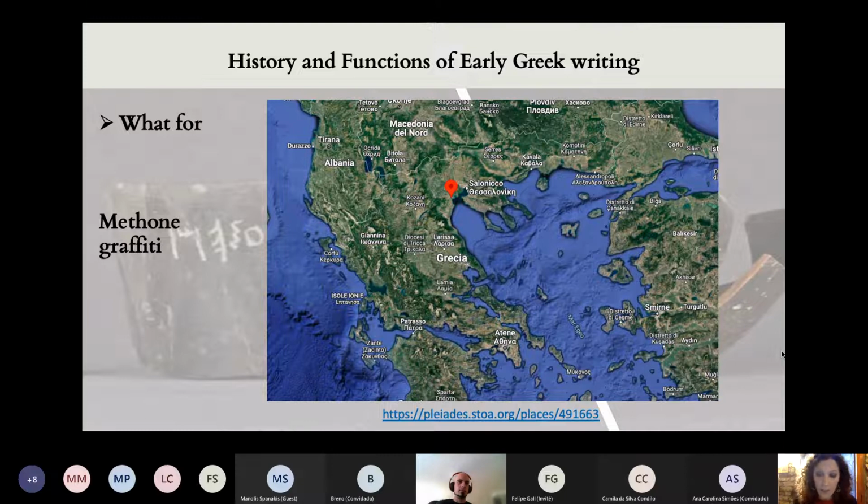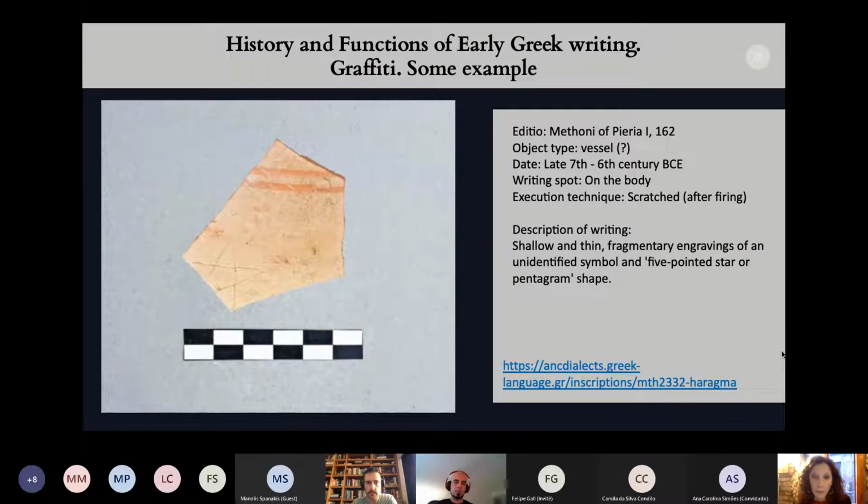So I put all the links I could in the PowerPoint because it's very user-friendly. It's in modern Greek, so of course it's not in English, okay, but with all the means we have, DeepL, for example, you can easily translate and understand the context of everything. So this is Methoni, and this is the first example I will show you.